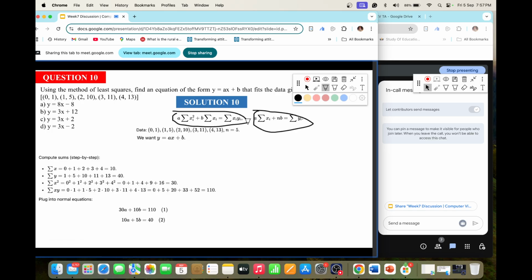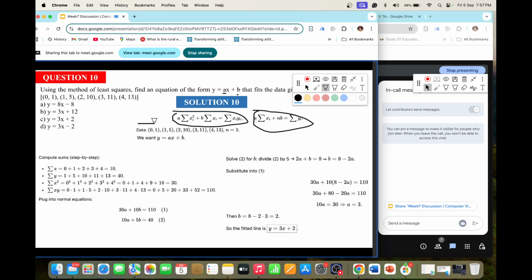From this you will get two equations in two variables, and then you can solve to get a and b, the slope and the intercept.